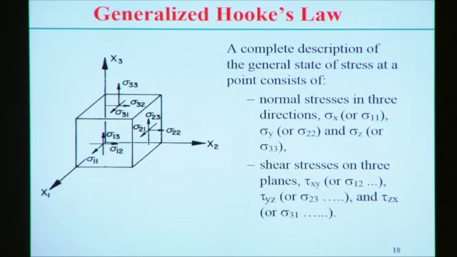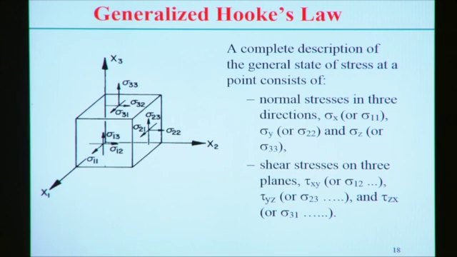This is another way to represent the three-dimensional state of stress, and sometimes we define the axes as x1, x2, x3, and the shear or normal stress components can be represented like that. Here sigma x is equal to sigma 1,1, sigma y is equal to sigma 2,2, and sigma z is equal to sigma 3,3.